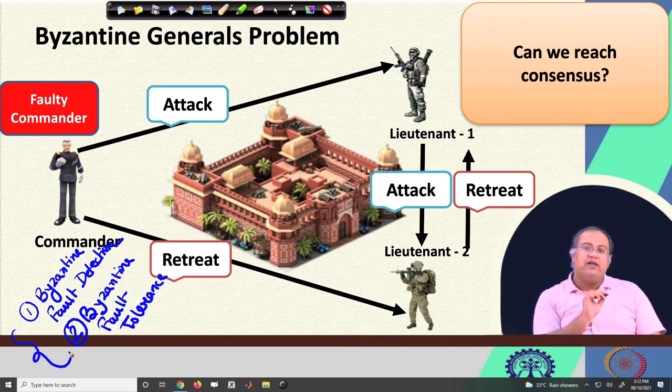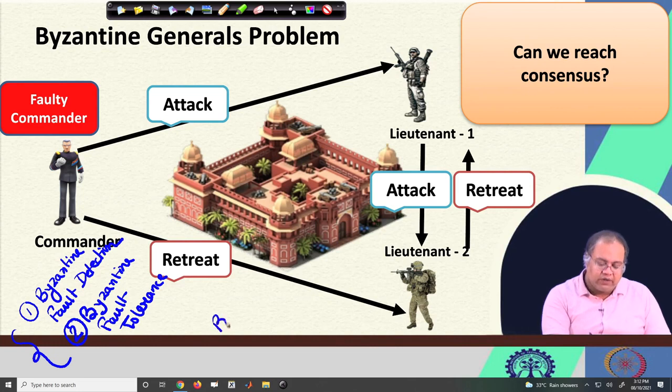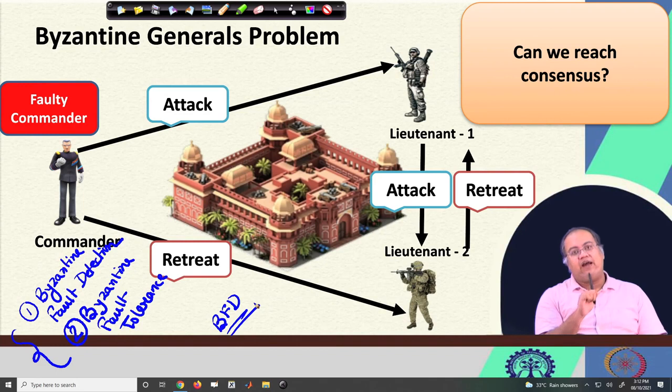Why are they different? Because in Byzantine fault detection, or BFD in short form, I need to just find out whether certain Byzantine behavior has happened in the environment or not, just assuming that I myself am not the Byzantine node, but I am trying to find out whether certain Byzantine behavior has already been observed in the system.